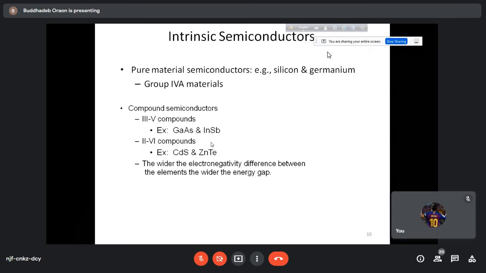Some examples are gallium arsenide, indium antimonide, cadmium sulfide, and tin telluride. These are some examples of artificial types of semiconductors.